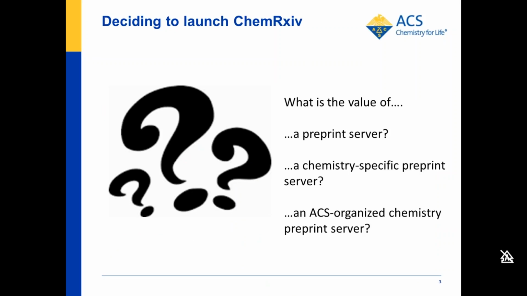So today I wanted to share with those of you joining some of the key questions that we answered around our early considerations before this announcement, around the value of a preprint server and what's the value of a chemistry-specific preprint server, as well as an ACS-organized preprint server. This was particularly important for ACS to go through.